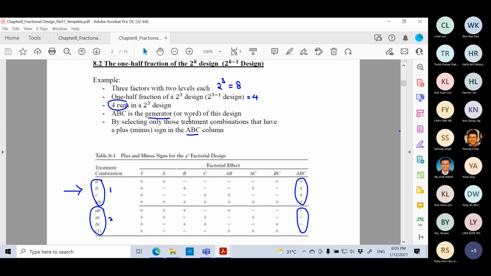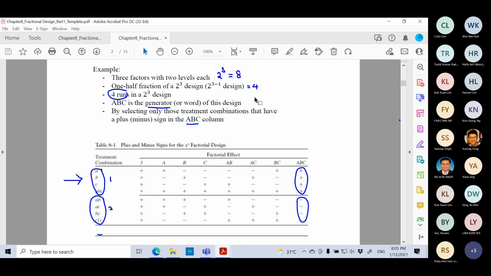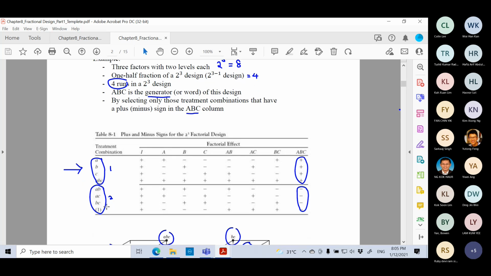So in the following example, we have 2 power 3, altogether 8 treatment combinations, and we only run 4 of them. So which ones should be run? We need to group them according to the generator that you set.